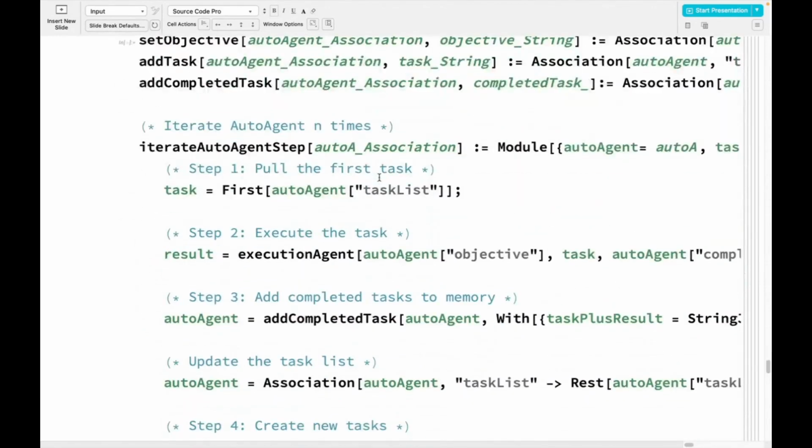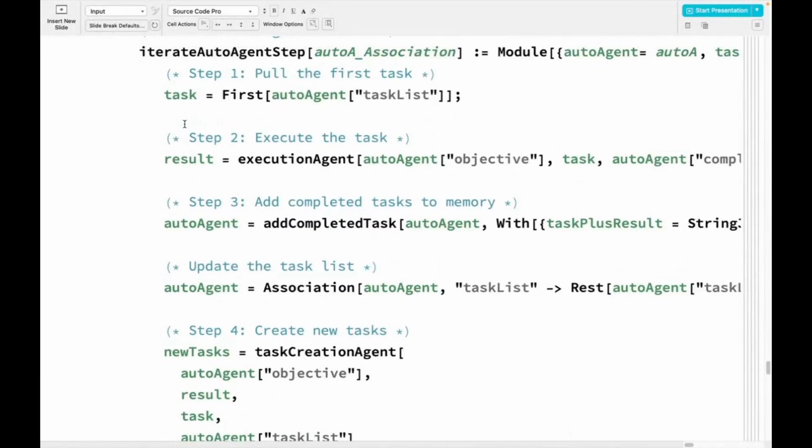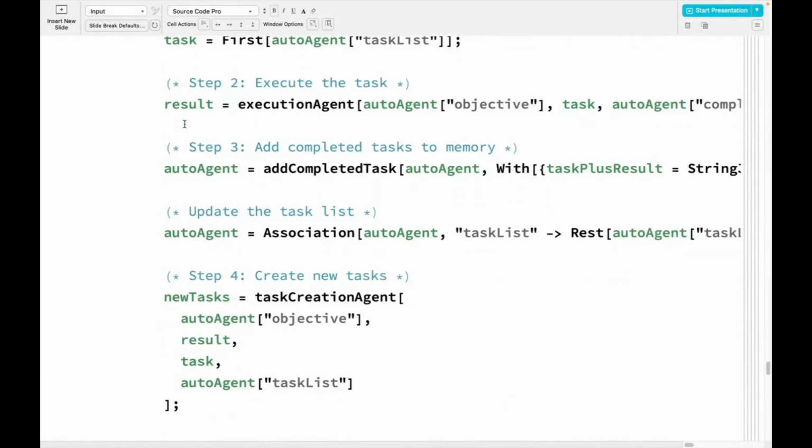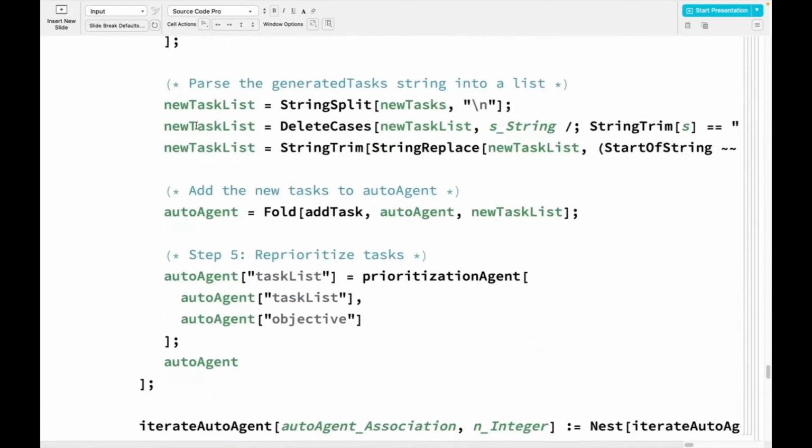We add all these into a single loop, and the main code is this part here, where the different steps of the BabyAGI are executed.